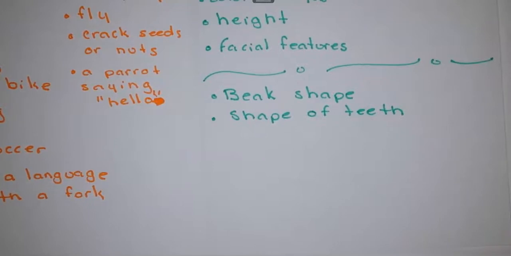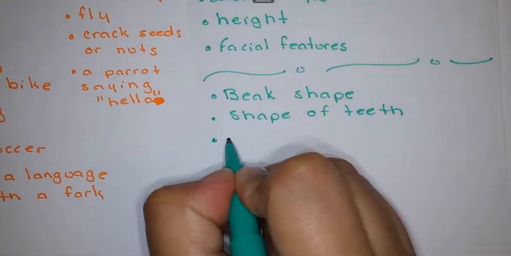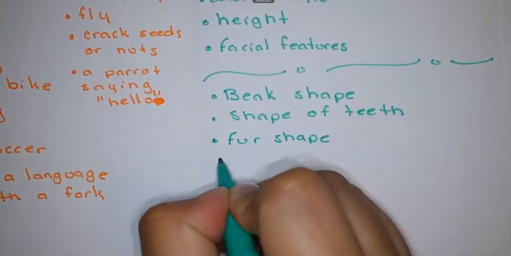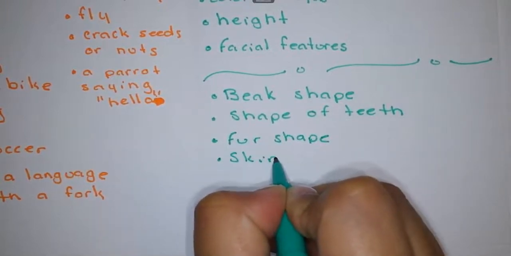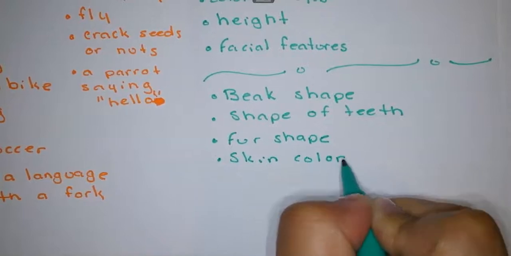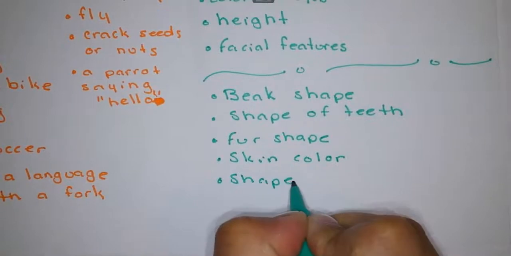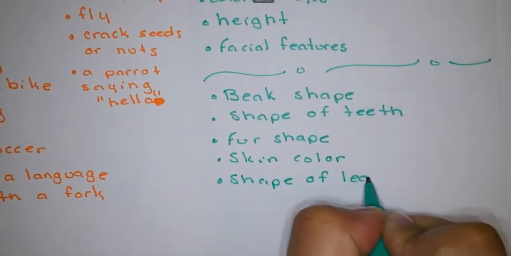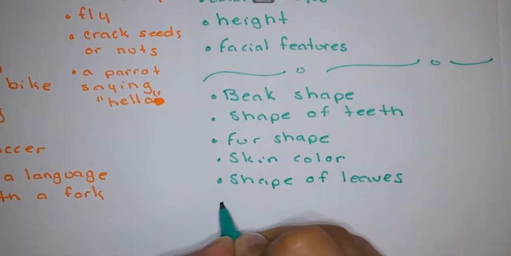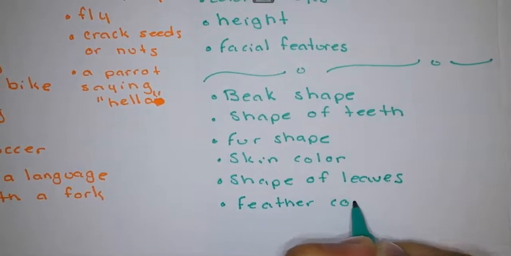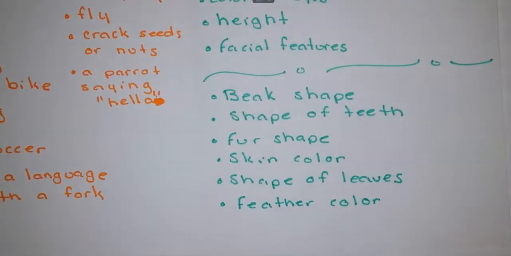So depending on the size and the shape, it is inherited from their parents. Fur, shape, skin color, in plants, the shape of leaves, feather color, and there's more inherited traits that we can be talking about.